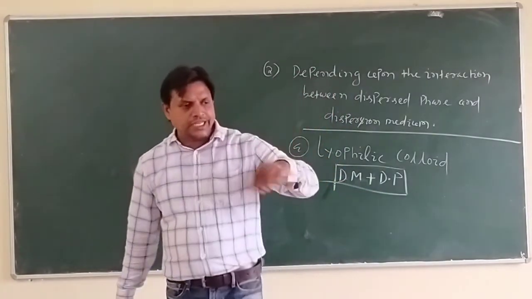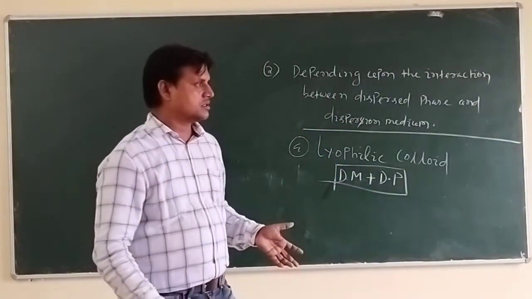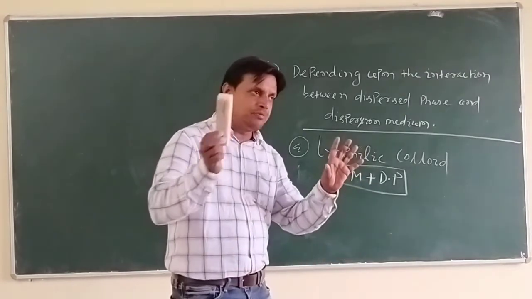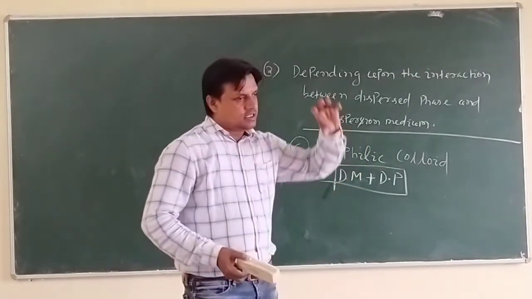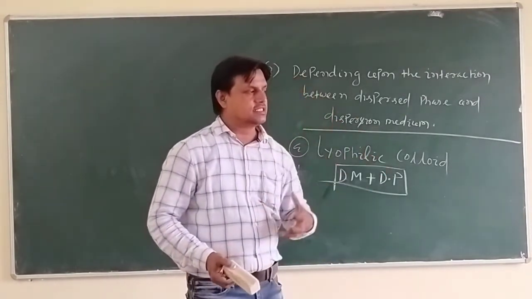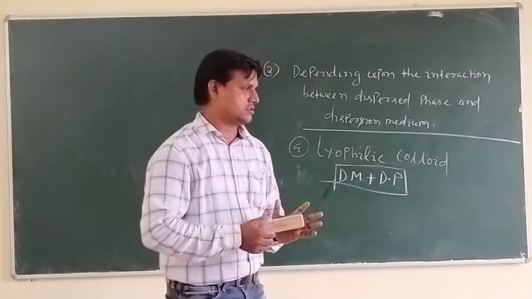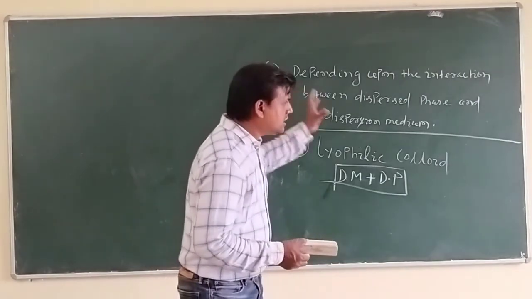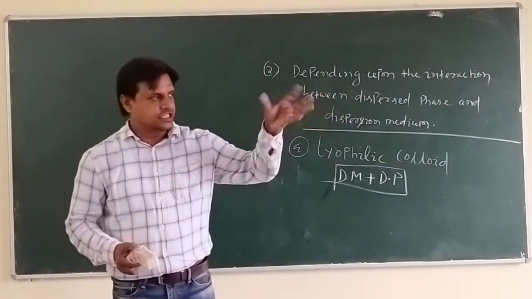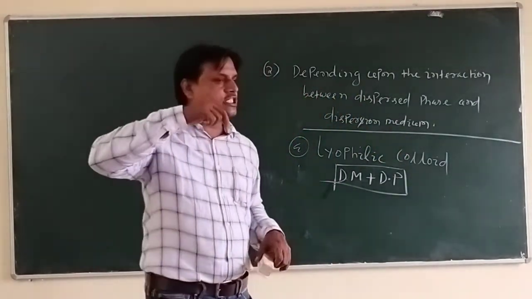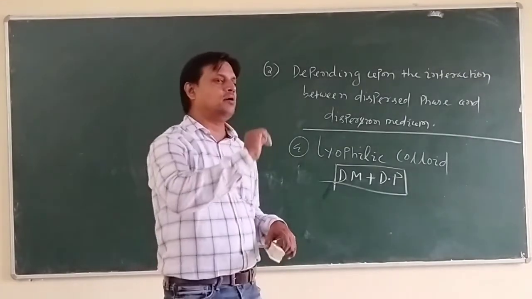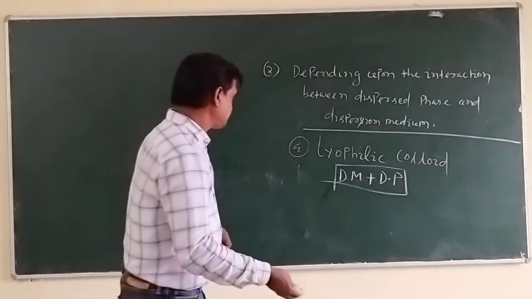So lyophilic colloid is that type of colloid in which both dispersed phase and dispersion medium are strongly attracted to each other. Since they are strongly attracted to each other, its properties differ from lyophobic colloid.